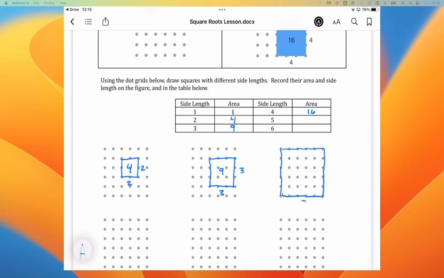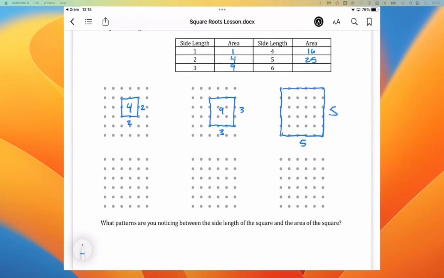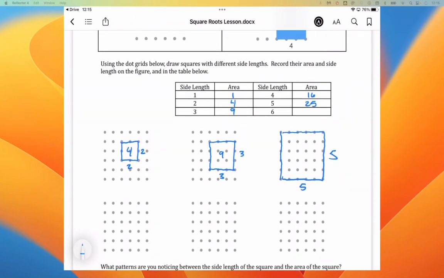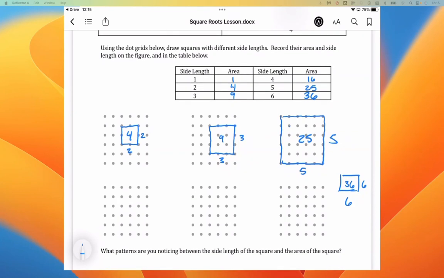And so if we had a 5 by 5, that would be 25. Now we don't have a big enough square to represent 6 by 6, so we're just going to recognize that if we had a square that was 6 by 6, its area would be 36, because 6 times 6 is 36.